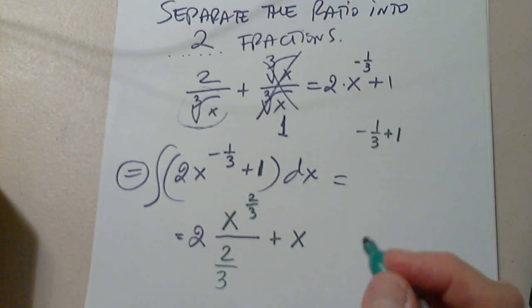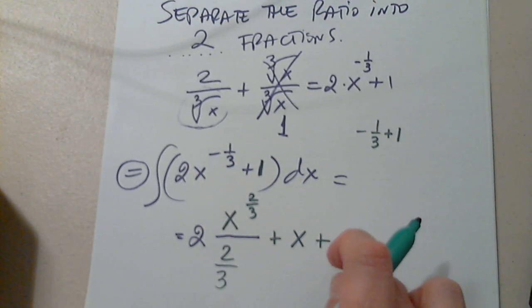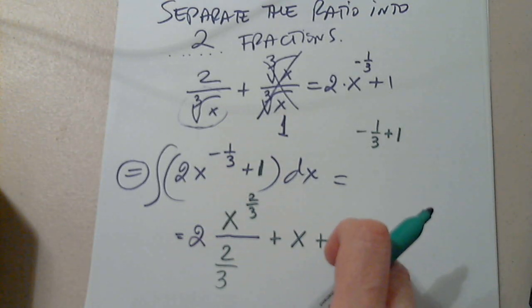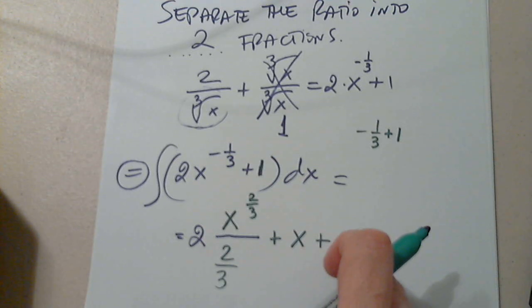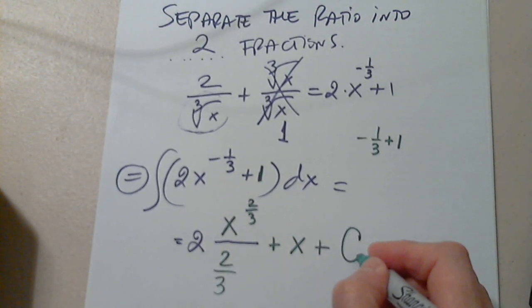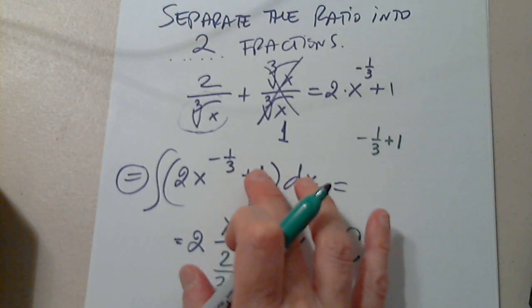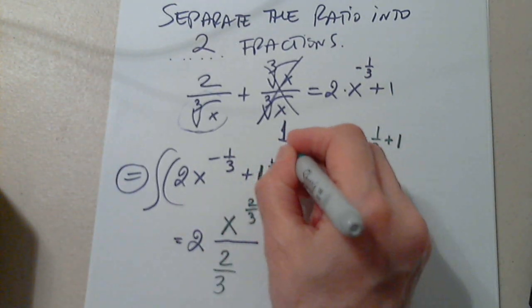And of course, I cannot forget the constant. Exactly. This prime is this. But there is always a 0 in there.